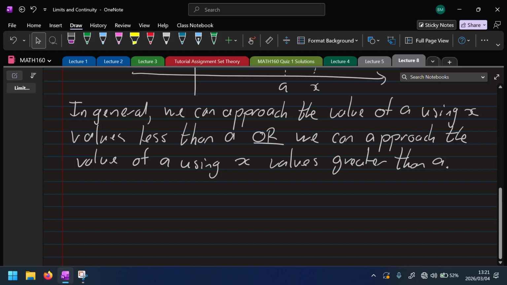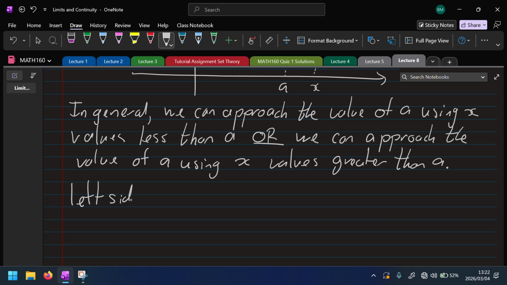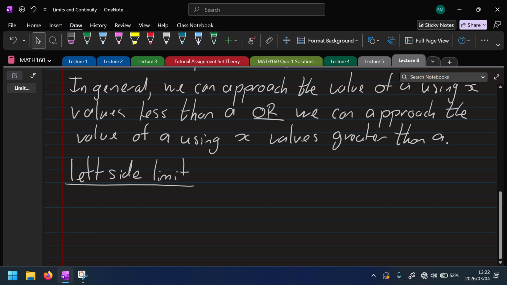Okay. So here we're going to have the left side limit. If we are on the left, we are using values less than a, and we write it in the following way. The limit as x approaches a with a little minus in the exponent. So that minus shows that these x values are less than a.